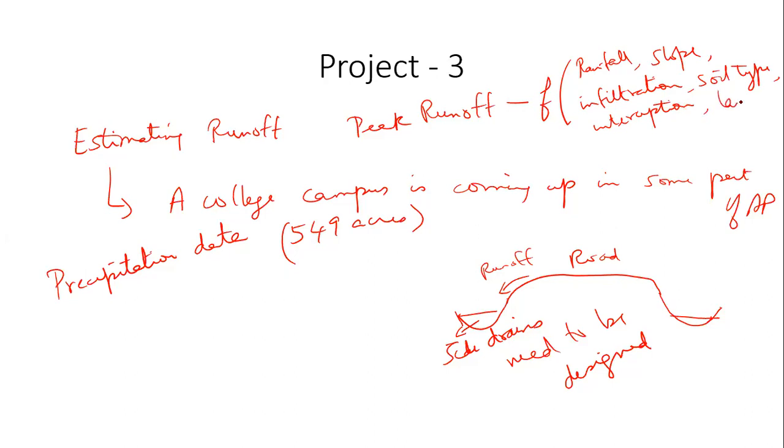So we are getting, then, anything else? Area of catchment. Okay. Interesting. Area of catchment. Anything else? Anything else that we've missed? Depression storage. Okay.